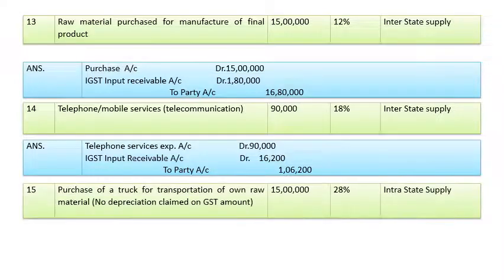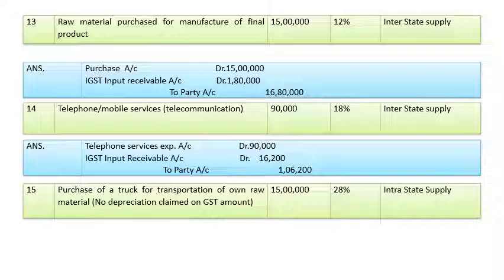Now next transaction is purchase of trucks for transportation of own raw material, no depreciation claimed on GST amount. 15 lakh, rate of GST is 28%, and intra-state supply. So before passing entry, we should know whether credit is available or not.